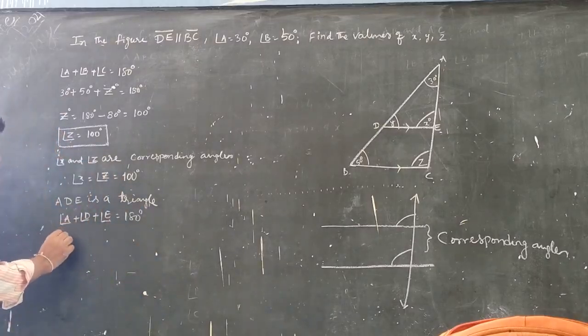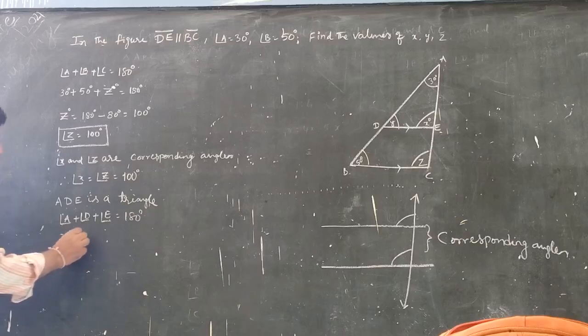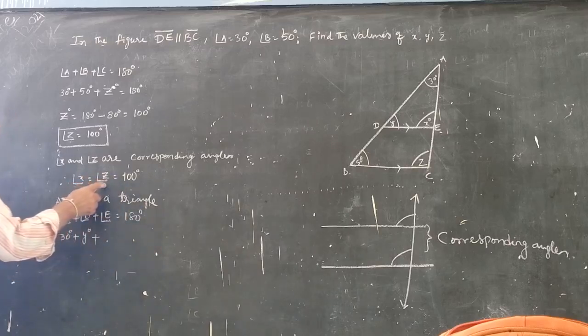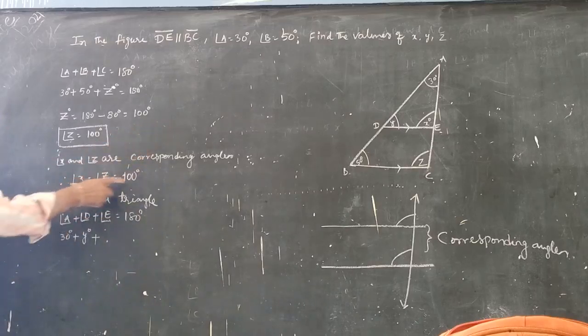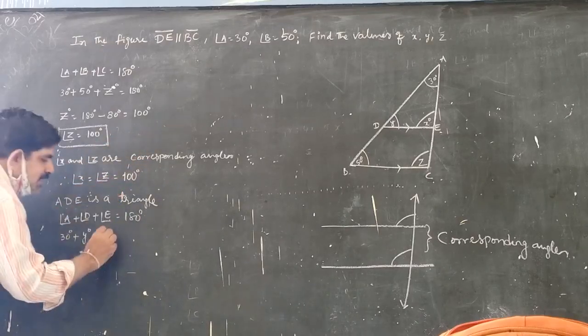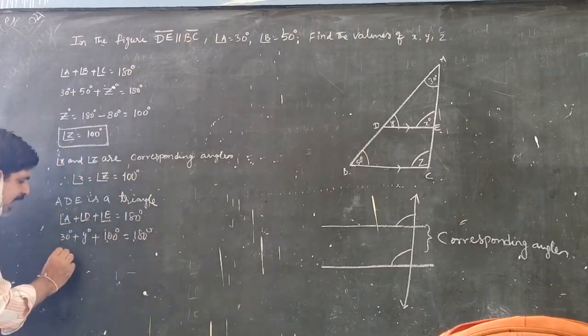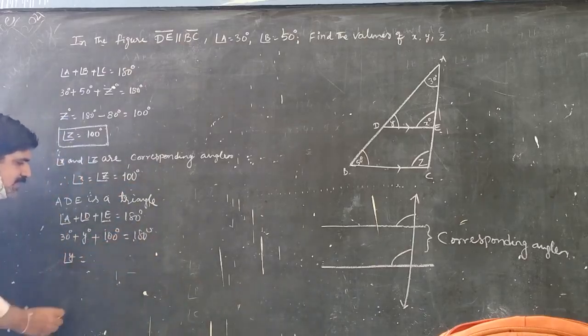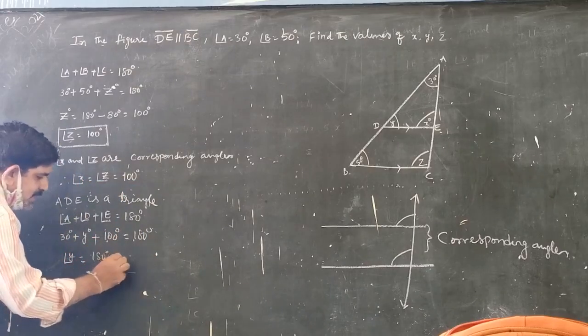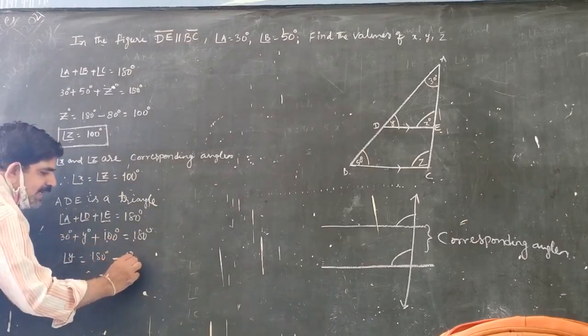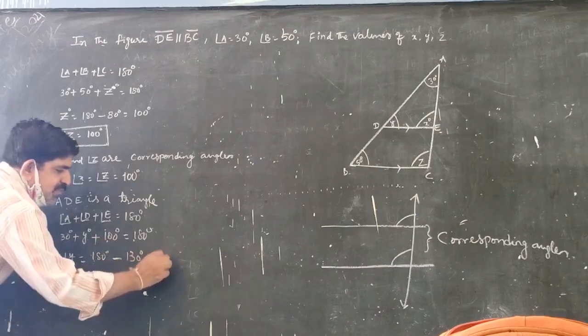Angle A is equal to 30 degrees plus angle D, we don't know, that is y degrees, plus angle E, which is x degrees, nothing but 100 degrees, is equal to 180 degrees. Angle Y is equal to 180 degrees minus 130 degrees. That is equal to 50 degrees.